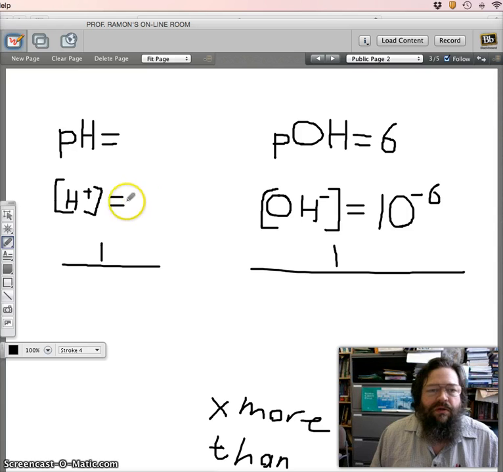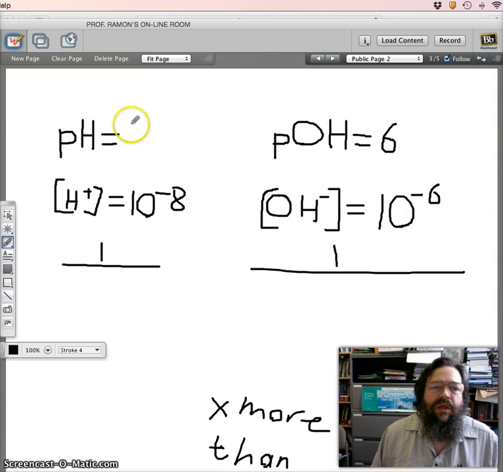And our hydrogen ion concentration is going to be 10 to the minus 8. And our pH is going to be 8.